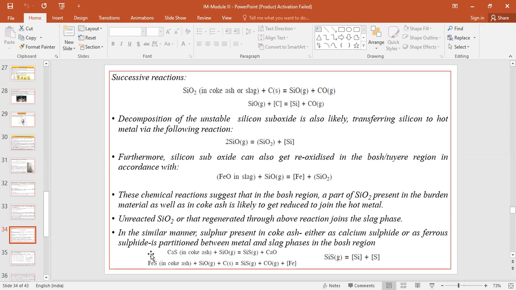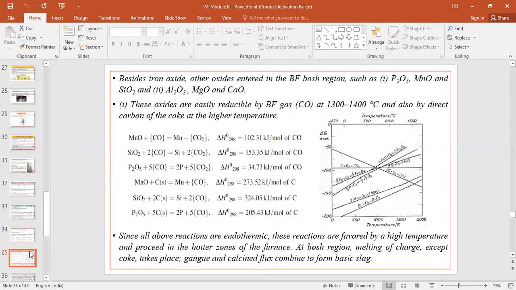And the sulfur which is present in the coke ash or in the ore, that will be in FeS, and that will react with SiO and C, and this will form SiS plus CO plus Fe. And this may again lead to this kind of reaction. Fe is a metal, CO is again a gas, it will travel upwards, and SiS is also a gas, it will travel upwards, and at low temperatures it will dissociate like this. So in this way, you can see the sulfur and silicon in the hot metal.